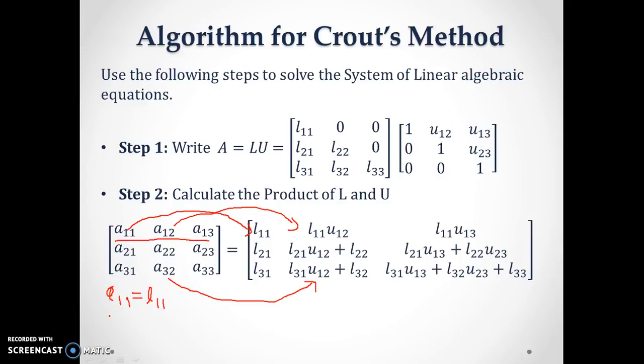And what is the next equation? I'm going to get A1. I'm going to equate the corresponding elements of the matrices. So I get A12 equal to L11 times U12. So here L11 is also calculated in the previous step, and A12 is known.